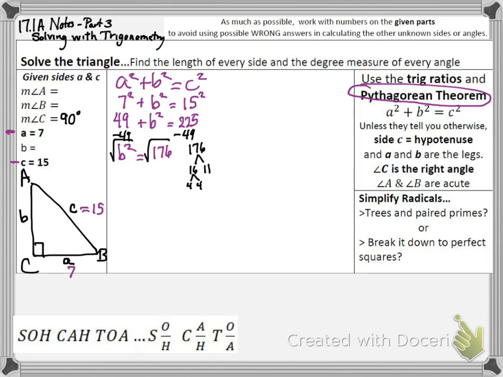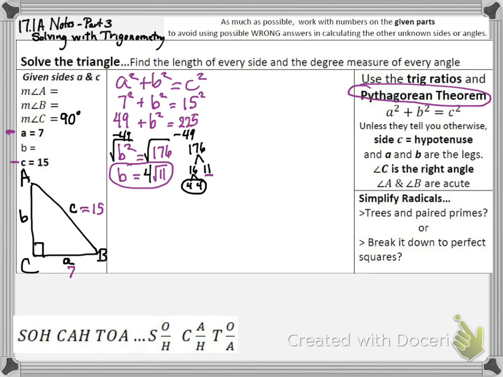But I happen to see matching numbers right now. So instead of going all the way to primes to get my matching numbers, I'm going to say pair of 4s, that's a 4. And then I have this 11 that can't split up, it's prime. So square root of 11. So I have b equals 4 square root of 11.